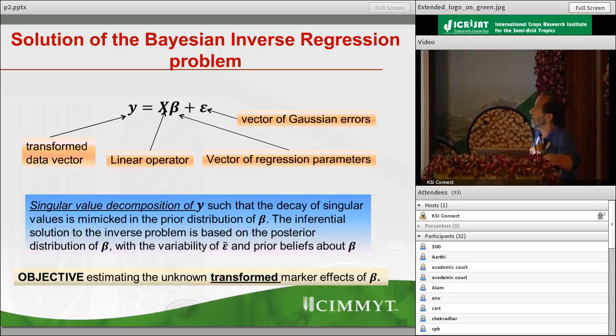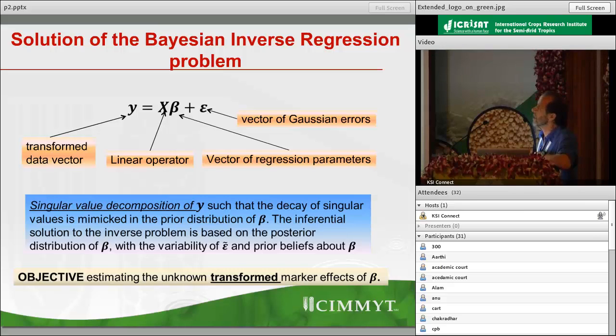We have done it here on the Y matrix and the X matrix in order to formulate the model in a more correct manner, I would say. So we look at the decay of the singular values, and we try to mimic that decay using a prior distribution for the beta. And this is what I'll show you now.